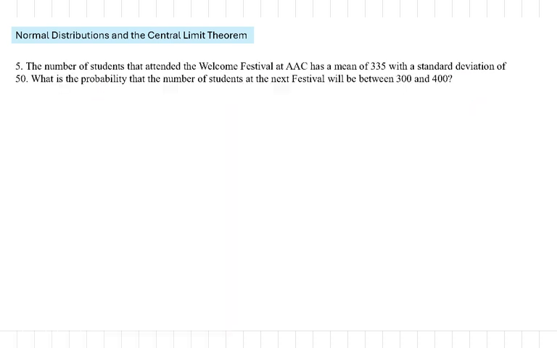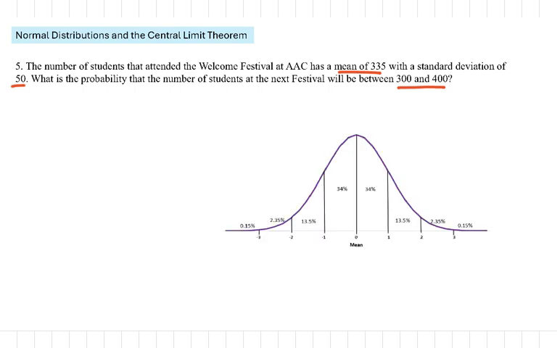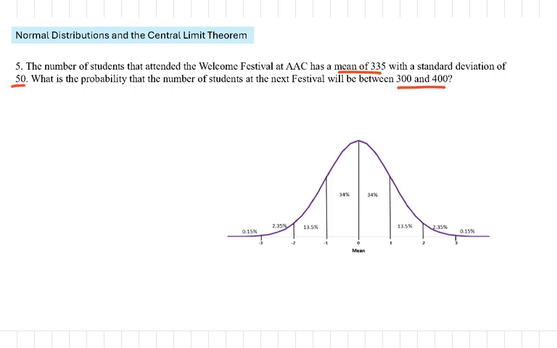Okay, let's look at this next problem. Number of students that attended a festival. It's giving us the mean, it's giving us the standard deviation, and we want to know the probability it falls in a certain place. So always I recommend the very first thing you should do is draw a picture. So here's our picture, and we've got 335 is the mean.